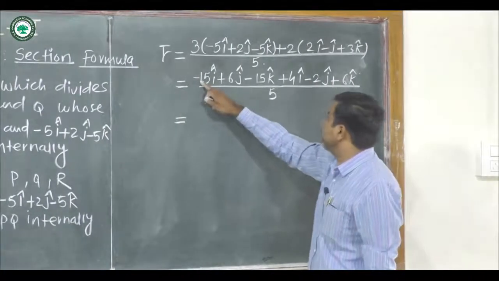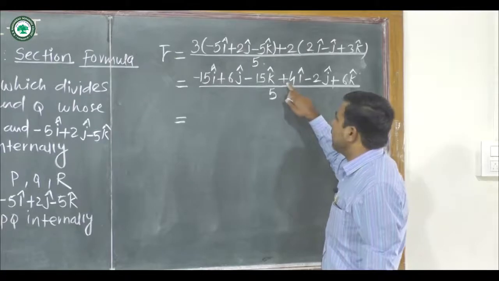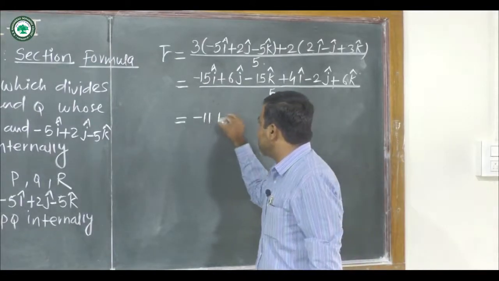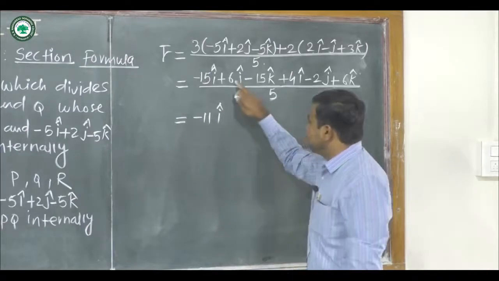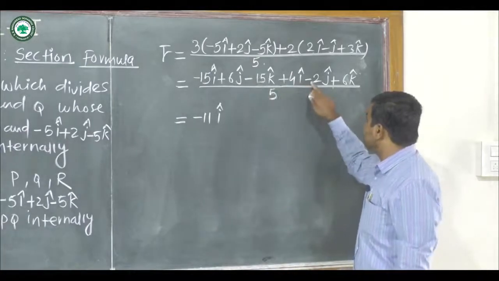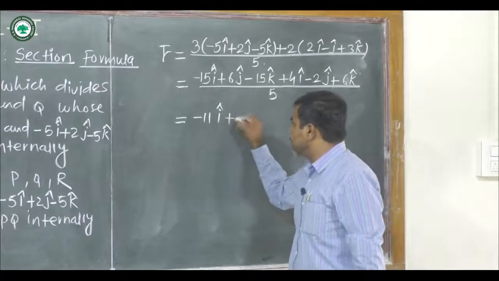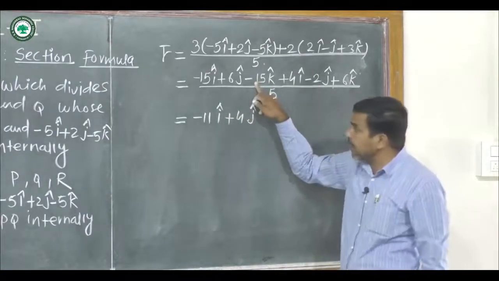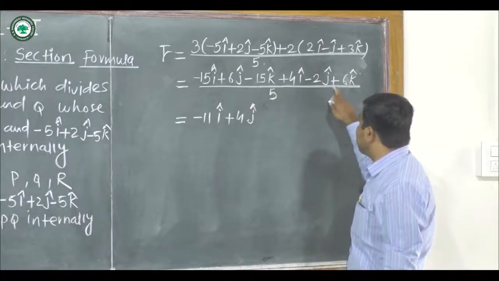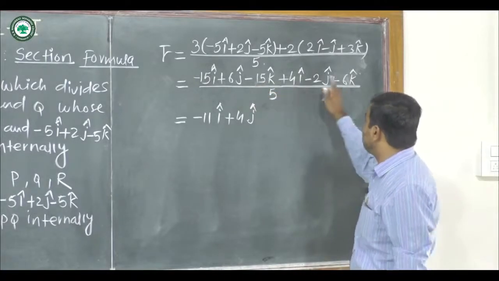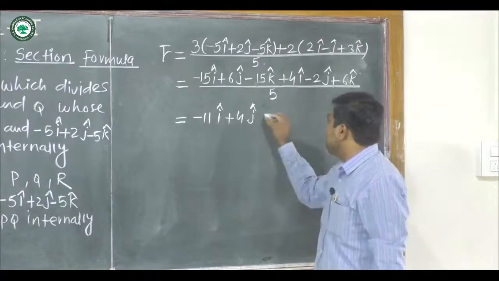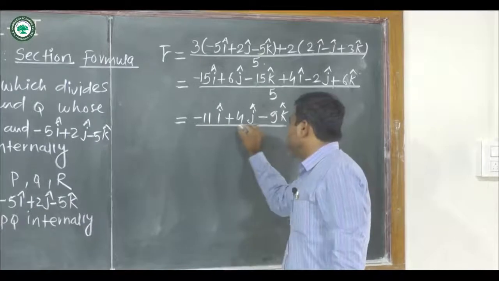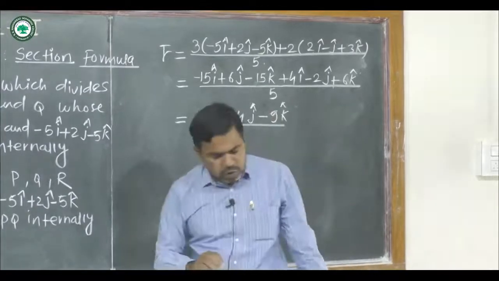So minus 15 i cap plus 4 i cap, minus 15 plus 4 becomes minus 11 i cap. 6 j cap minus 2 j cap, that is plus 4 j cap. Minus 15 k cap plus 6 k cap, minus 15 plus 6, that is minus 9 k cap, divided by 5.